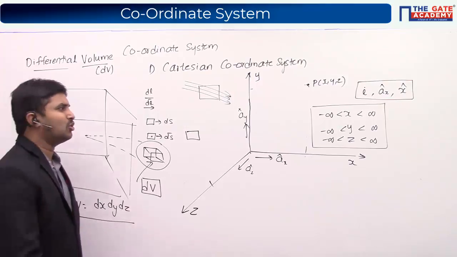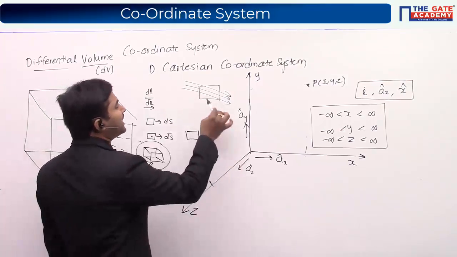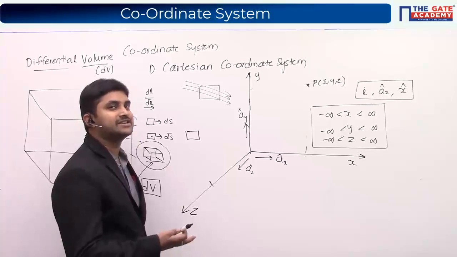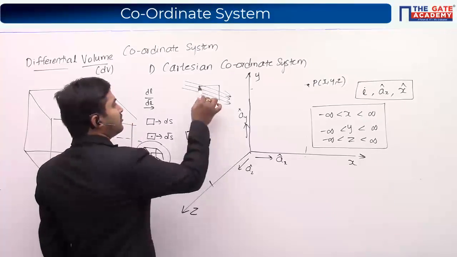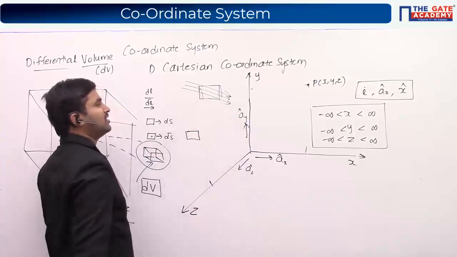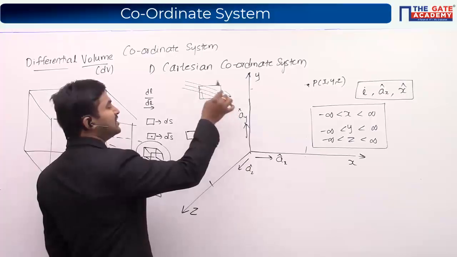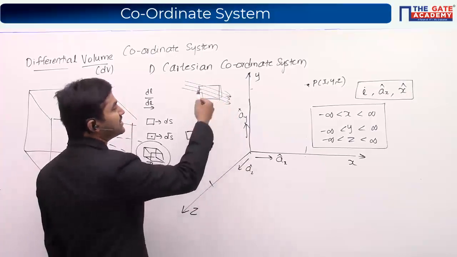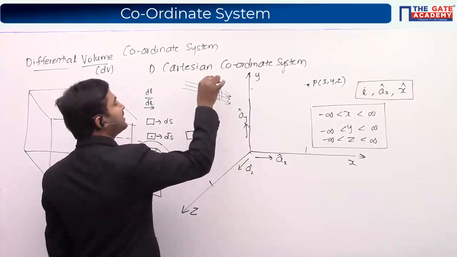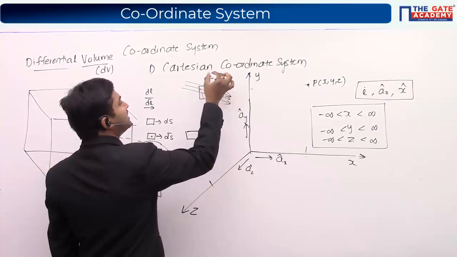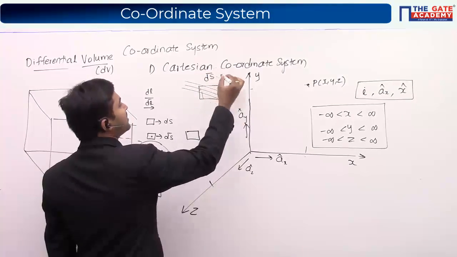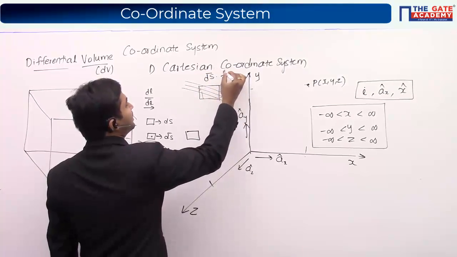Now, if I want to know which component actually matters, my surface is something like this. The direction that is going to matter for me is the direction of the surface. Then in this case, I will be taking dS bar dot whatever be the direction of this particular field that I am having.